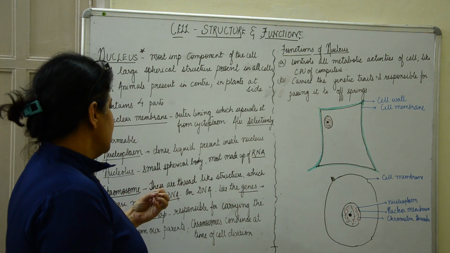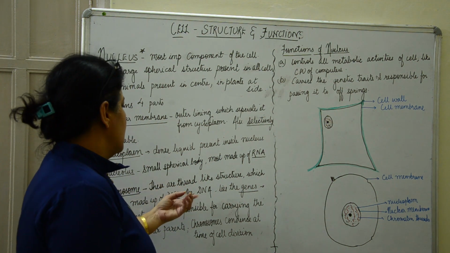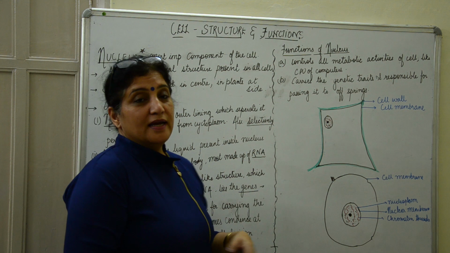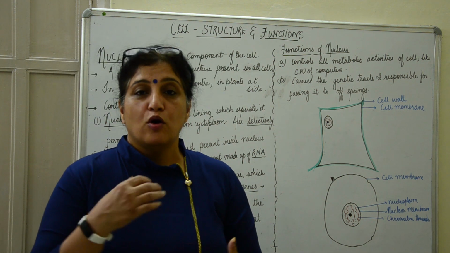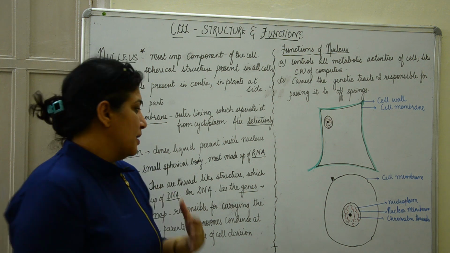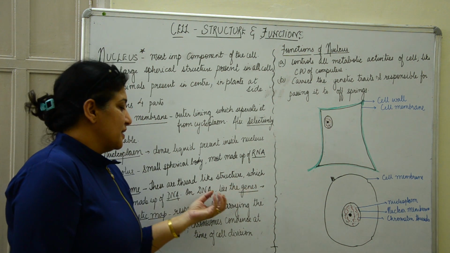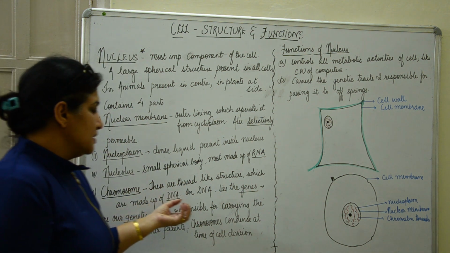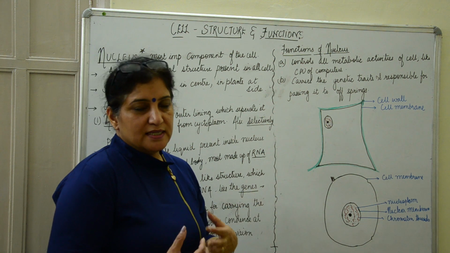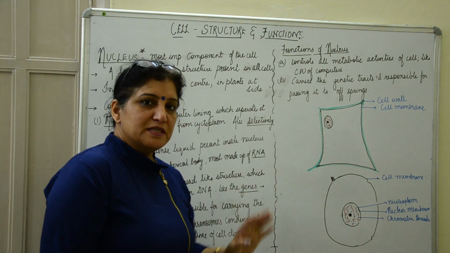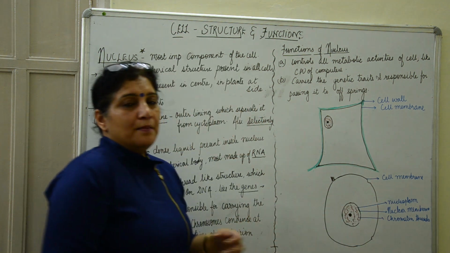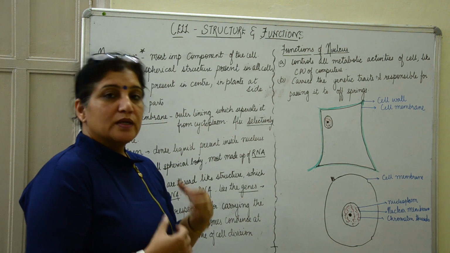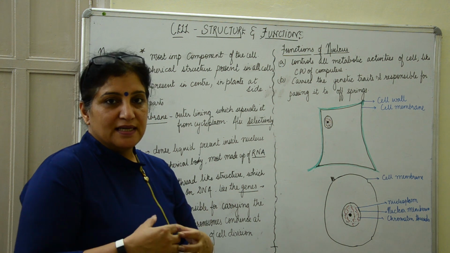This DNA carries our genetic map, or the genes that we get from our parents. All this is present on these fibers. When you see a cell normally, you will see them as fibers, so that is why they are called chromatin threads.